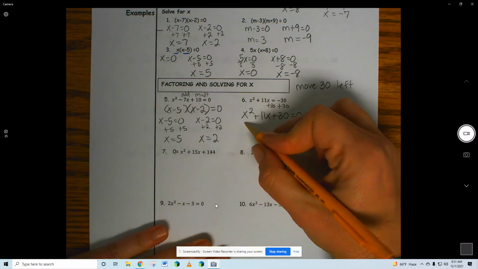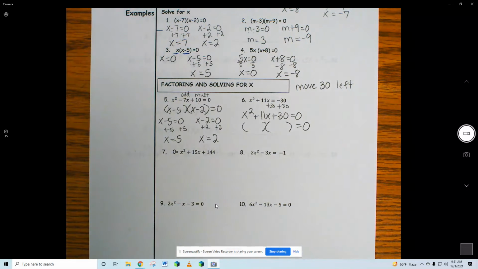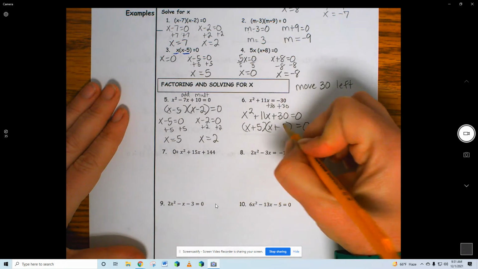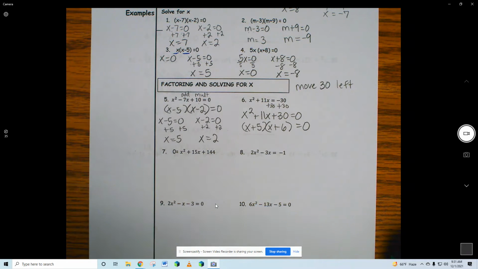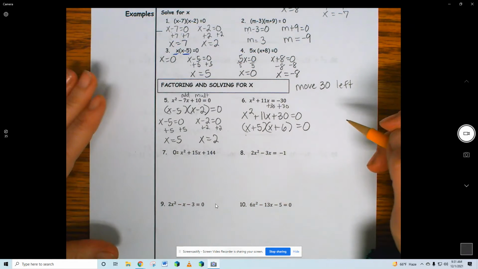So now I'm ready to actually factor. What multiplies to make 30 and adds up to 11? No negatives. Everything's positive here. 5 and 6. Set each parentheses equal to 0, or can you just do it in your head by now?